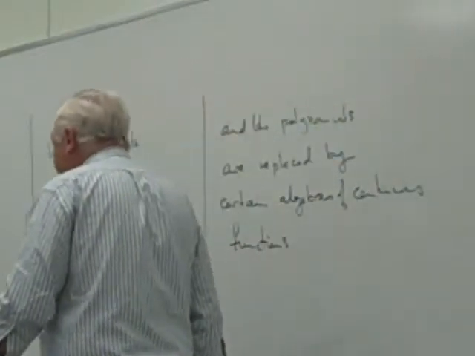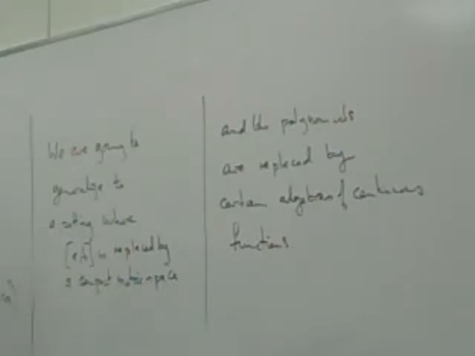So the main feature of the polynomials is that you can add together any two polynomials and get another one. You can scalar multiply a polynomial by a constant and get another polynomial. And you can also multiply together two polynomials and get another polynomial.